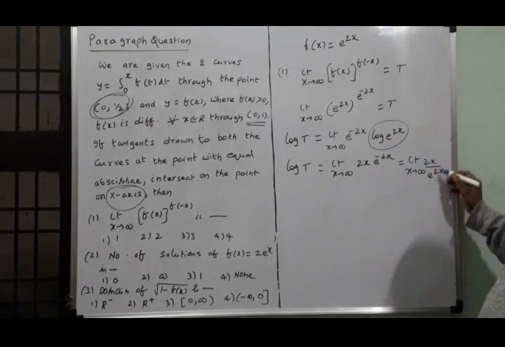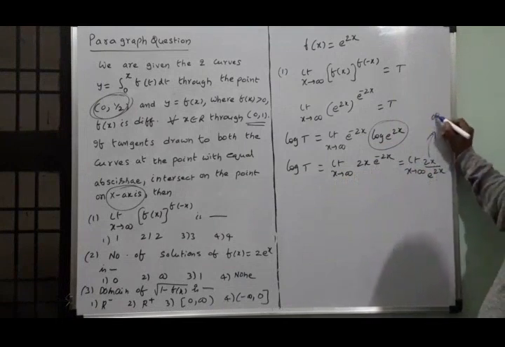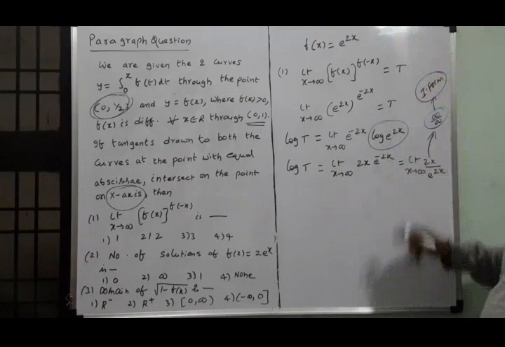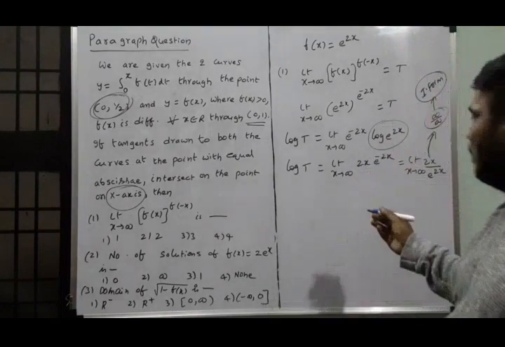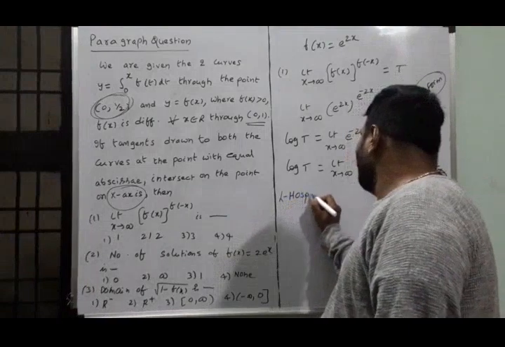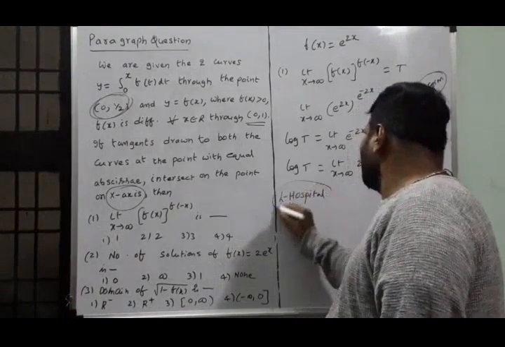You will get infinity by infinity form. Infinity by infinity is an indeterminate form, so apply L'Hospital rule.